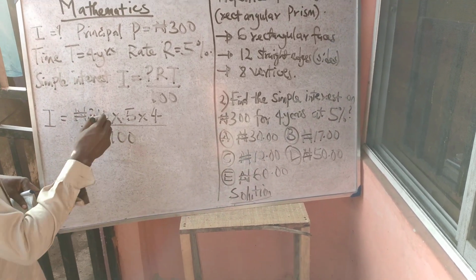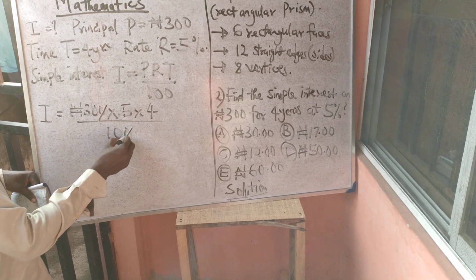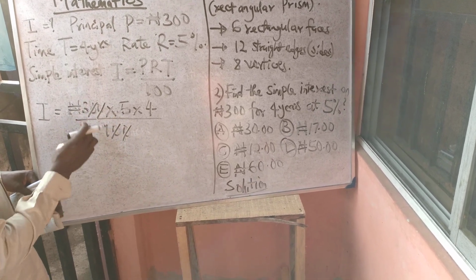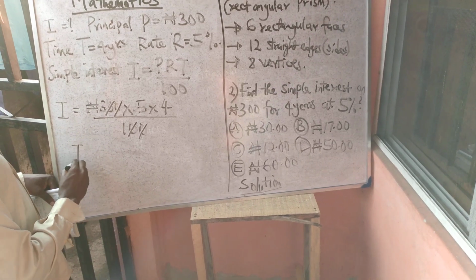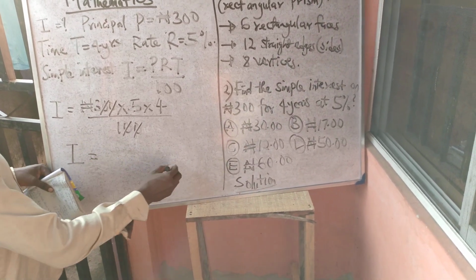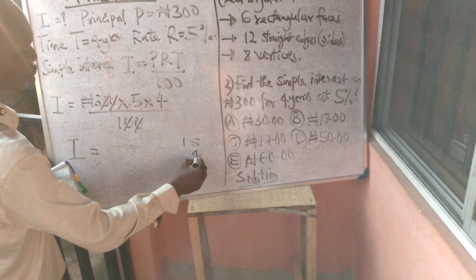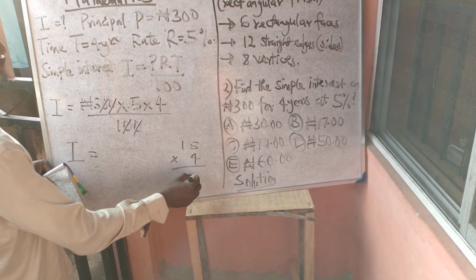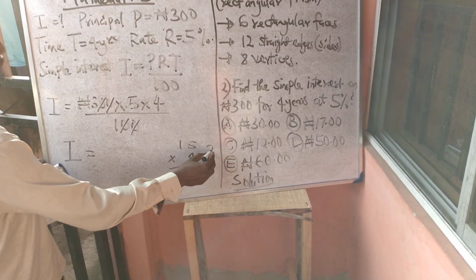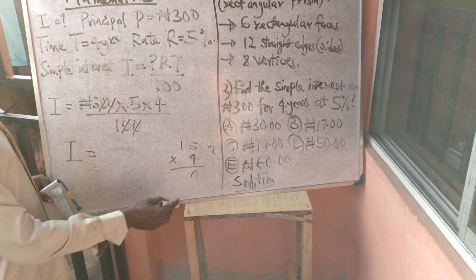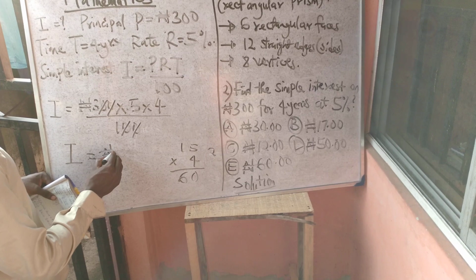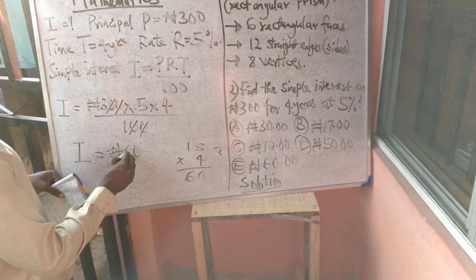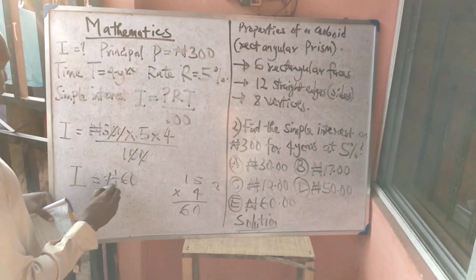So we cancel the zeros. 3 times 5 is 15, and 15 times 4, what does it give you? 4 times 5 is 20, write 0, carry 2, and 4 times 1 is 4, plus 2 is 6.